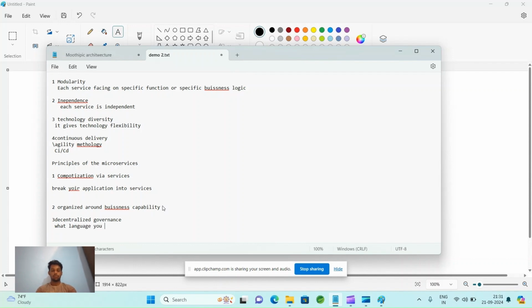It's your call. You make it flexible in all services, like you can use it as the business needs. You can choose whatever language you want in different services. It gives better technology flexibility.